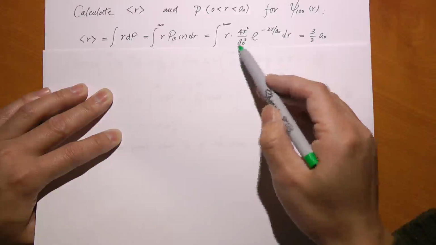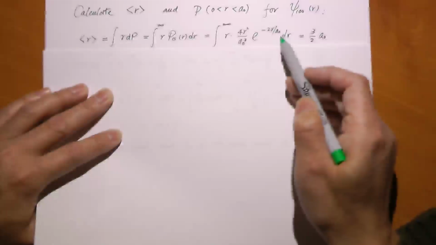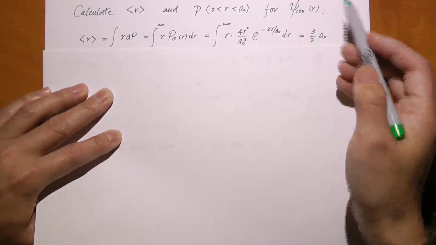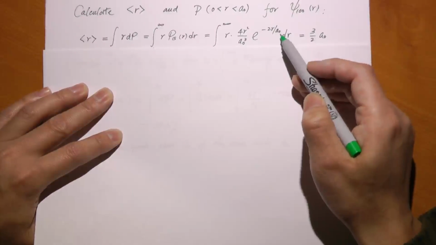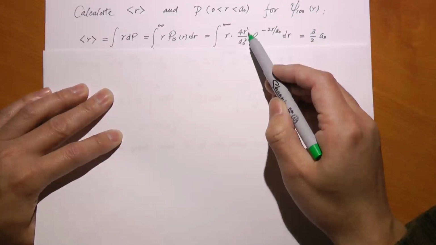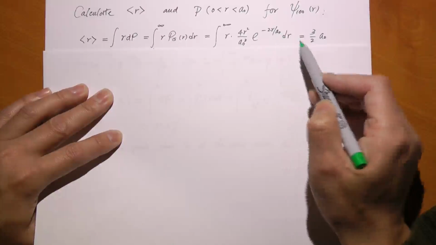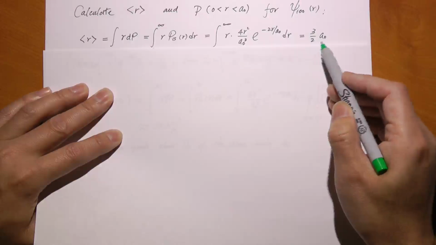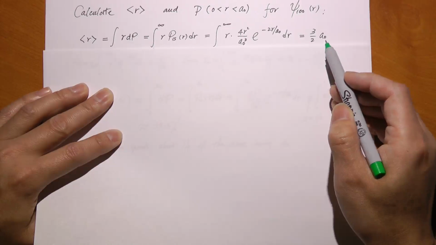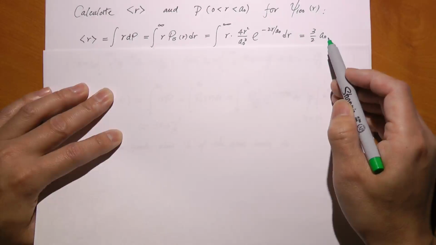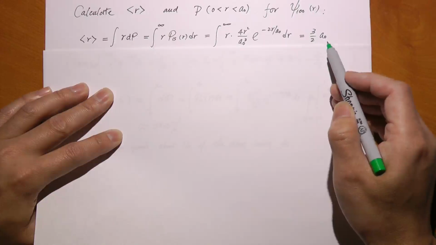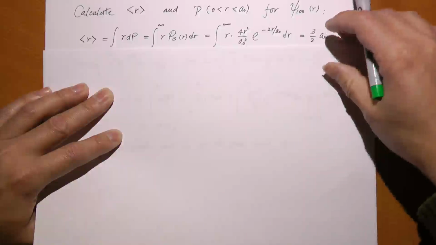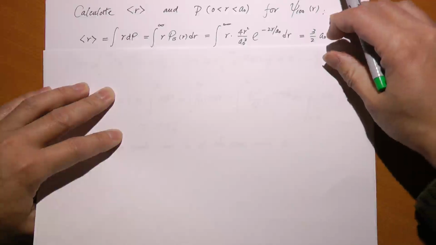And P1s is given here. We already found the expression. All you have to do is to find this integral of r to the power 3 e to the negative something r dr. You solve for this integral, and you're going to get 3 over 2 a0. That's what we expected to be qualitatively true because we know it's somewhere outside a0, right? Just a little mathematical note.